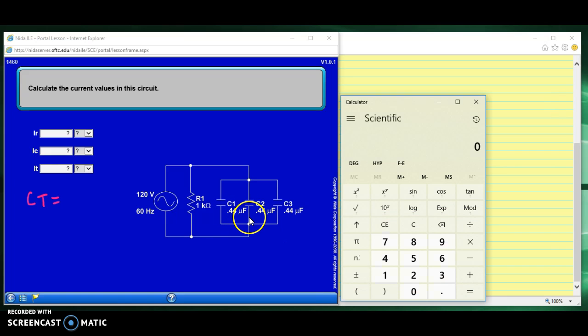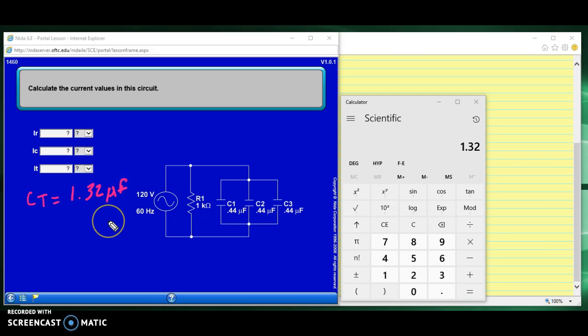We have 0.44 plus 0.44 plus 0.44 plus 0.44 plus 0.44 plus 0.44 equals 1.32 microfarad. Let's write that down here: 1.32 microfarad.